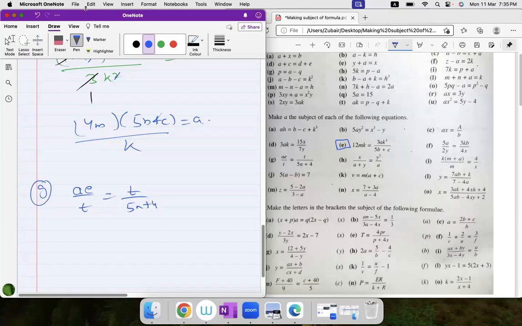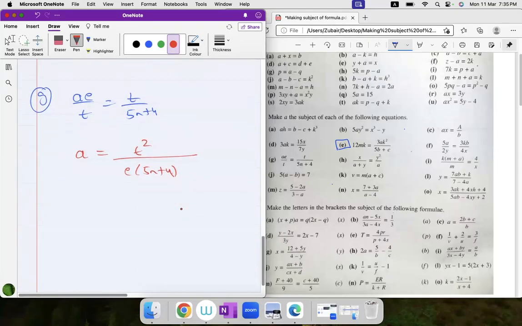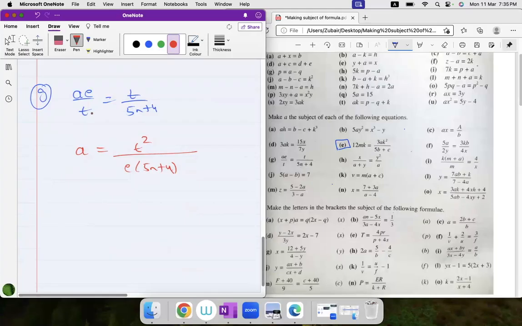I got A equals T times T over 5n plus 4 over E. That's correct, but T times T should be written as T squared over E into 5n plus 4 with the bracket. E moves down, but the 5n plus 4 also moves down, since that was already in the denominator. Okay.